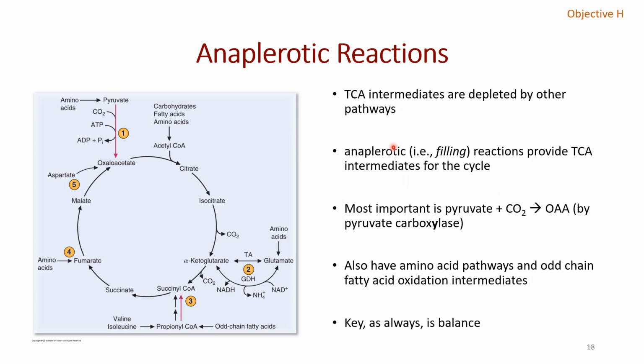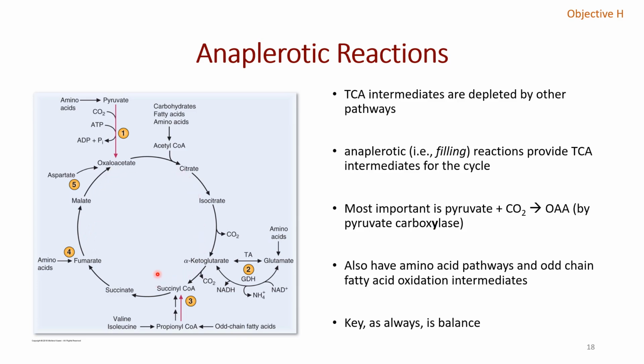We also have reactions that can bring intermediates back into the TCA cycle, and they're called anaplerotic reactions. Anaplerotic is a word that means filling up or to restore. And so in this case, when the TCA cycle feels a need to become more active, when the activity is required, you want to bring molecules in that will repopulate these intermediates so that the TCA cycle can resume normal activity.